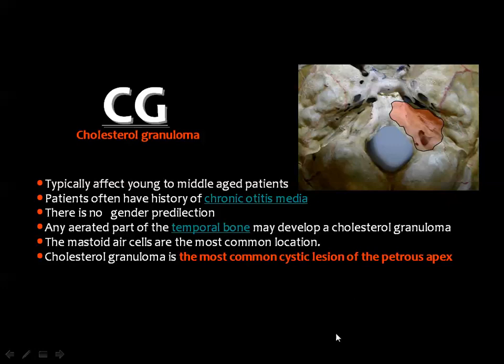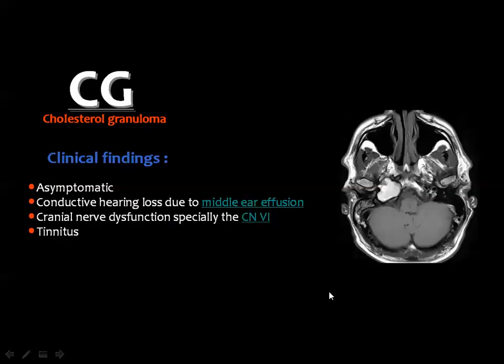And any aerated part of the temporal bone may develop cholesterol granuloma. And you see that if the petrous bone is irritated, it can be involved by the cholesterol granuloma. Cholesterol granuloma is the most common cystic lesion of the petrous apex.